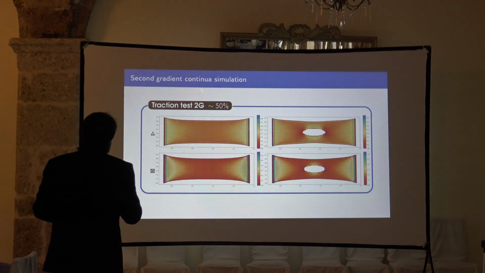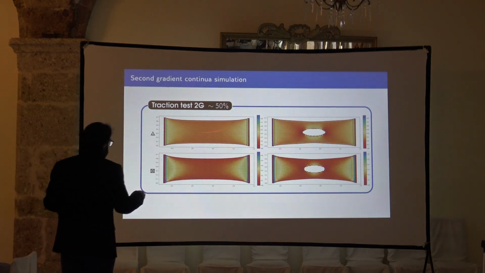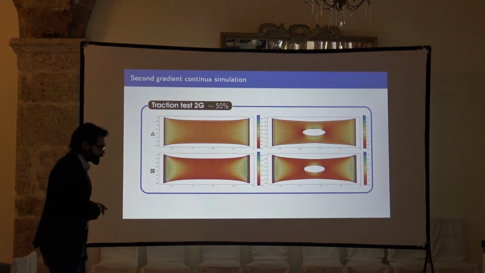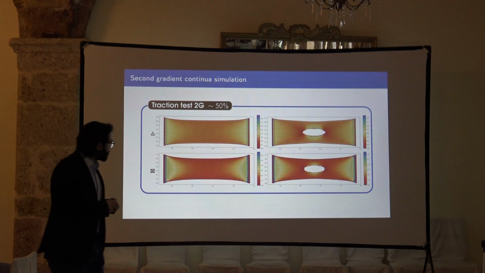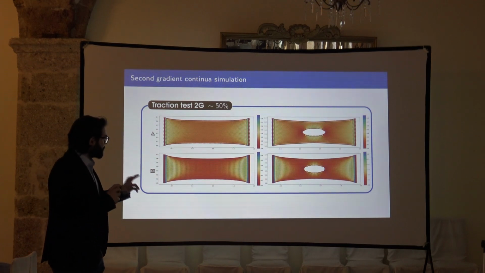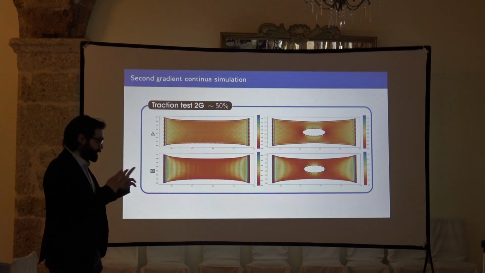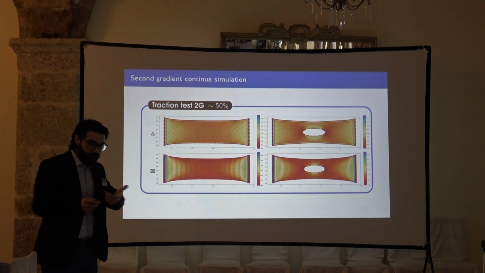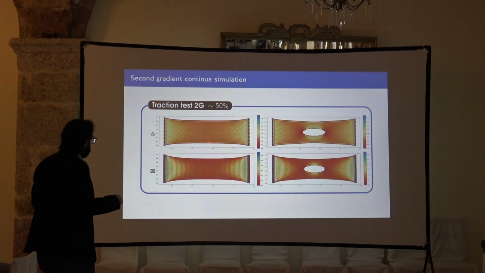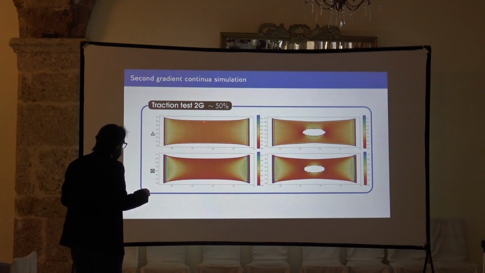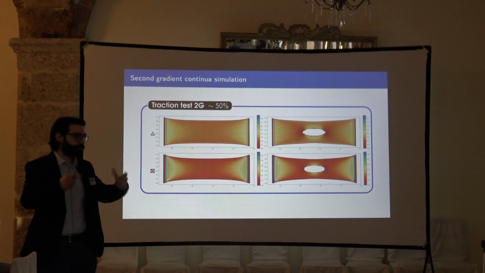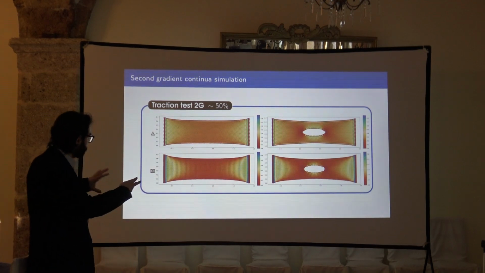Here we can see a second gradient test, about 50% elongation, always with hexagonal and center square lattices. The main point is that we can recognize some characteristics of the second gradient simulations compared with continuum mechanics, for example the presence of edge effects, and the fact that our measure of local deformation is more distributed.